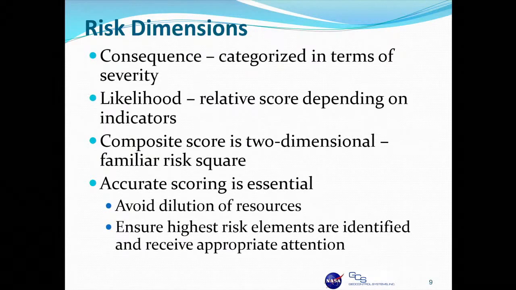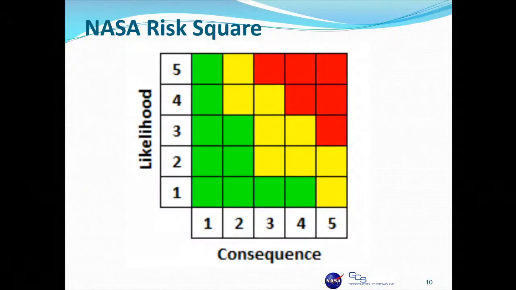And it's important that we identify the highest risk elements so that we can ensure that they get the proper attention. So this is a standard risk square that we have. You see it in both formats, with either thing on the X and the Y coordinates.